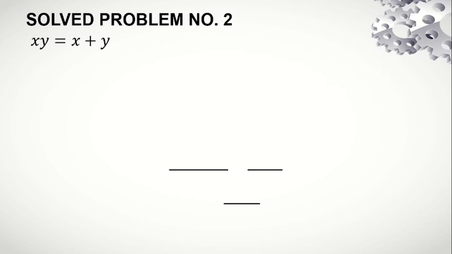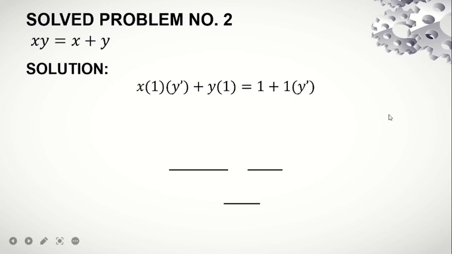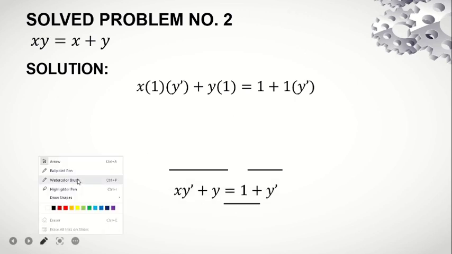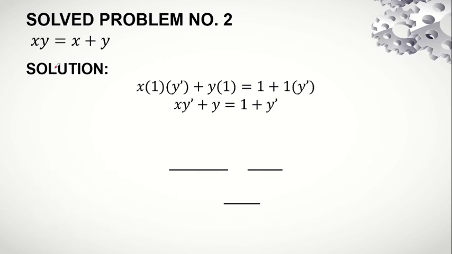Going back, we have xy equals x plus y. How are you going to find the derivative of this? Using the standard solution, you will notice that the left side uses the product rule. This is your u, this is your v, so u dv plus v du.